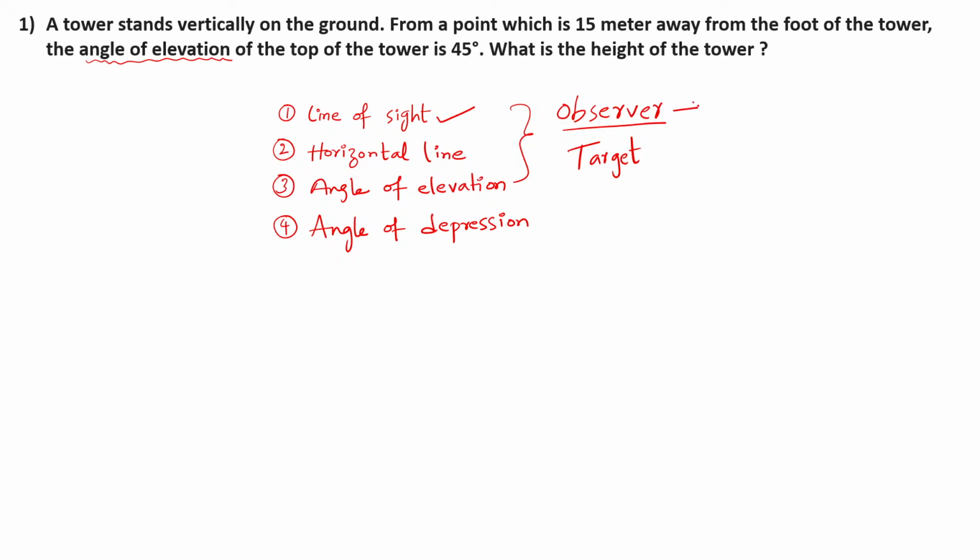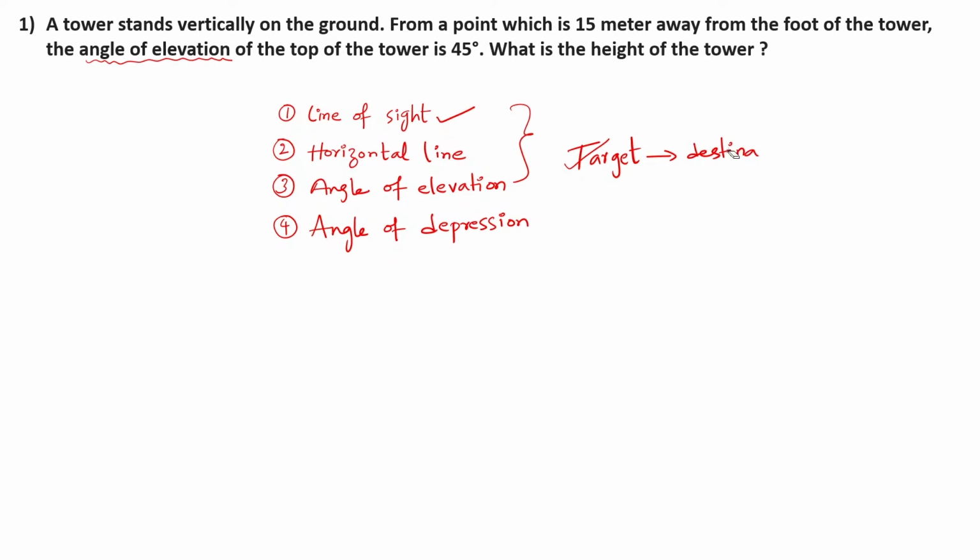Observer is nothing but the person who observes or investigates. The second one, target, is nothing but destination. What the observer is investigating, that is called target. Based upon this observer and target, line of sight and all will come into picture.